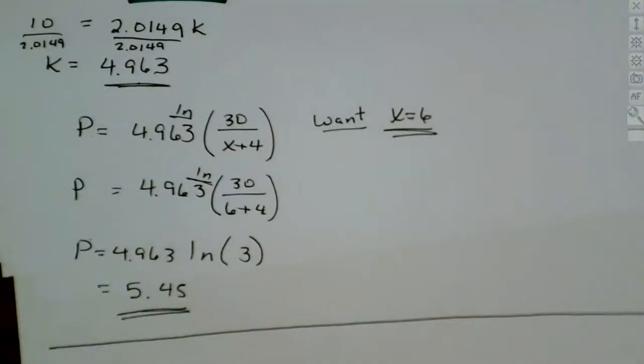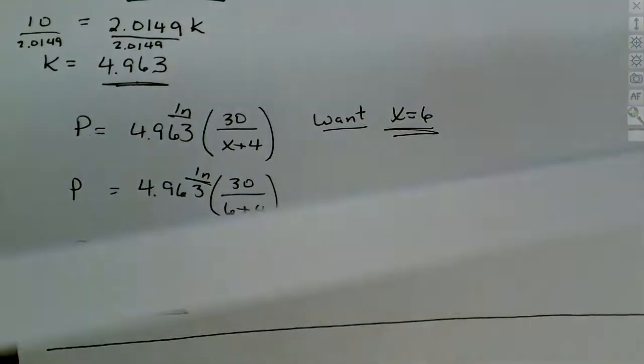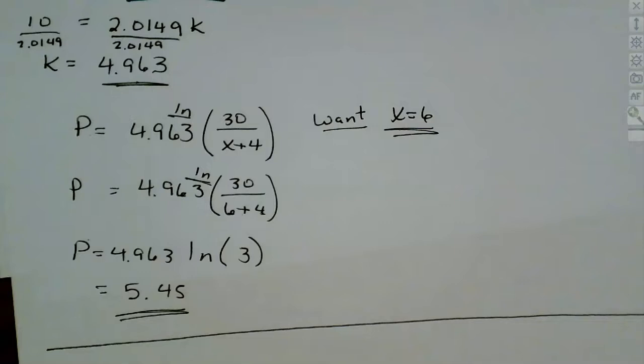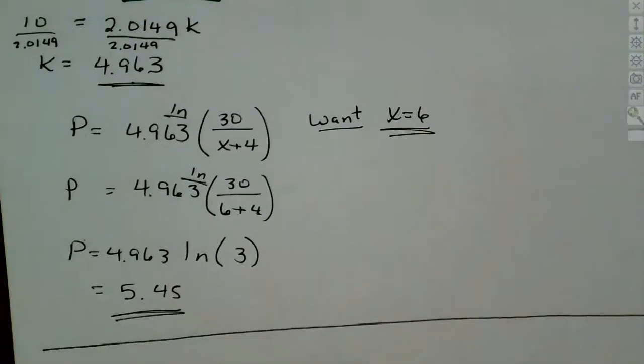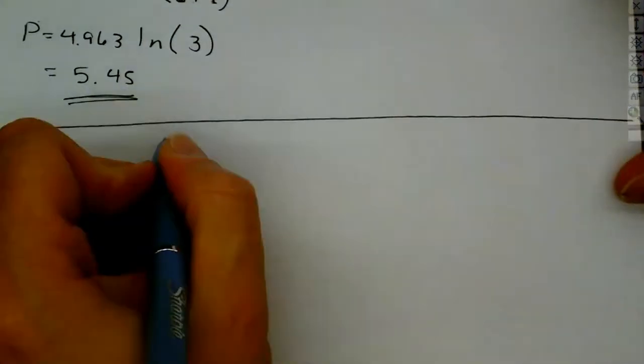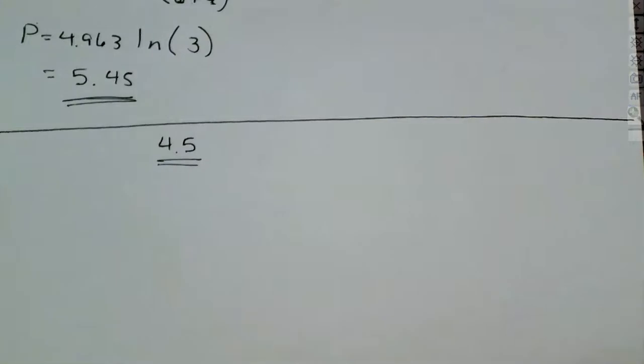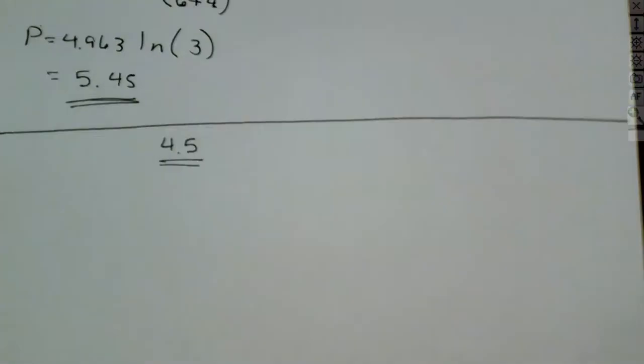Now we do have a little bit of time left, and I want to at least start a couple of questions out of 4.5, because we've got to make sure we can at least get a start today. In 4.5, we're going to be looking at solving logarithm equations, and we need to use some different properties of logarithms.